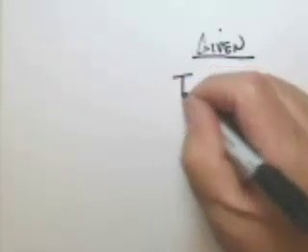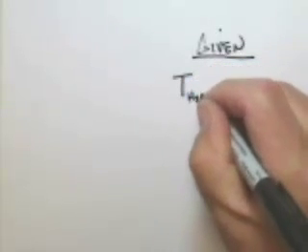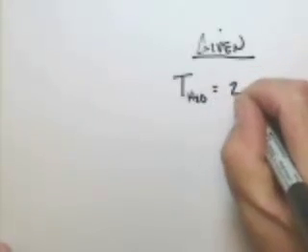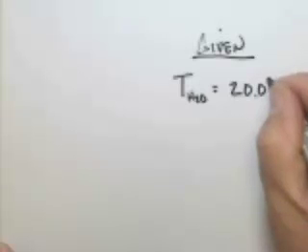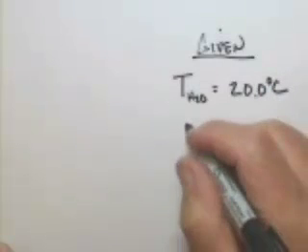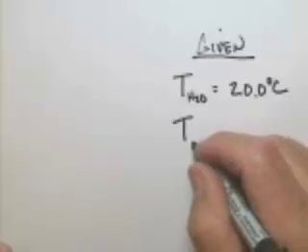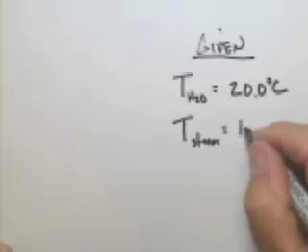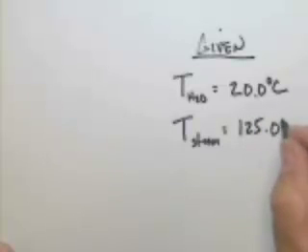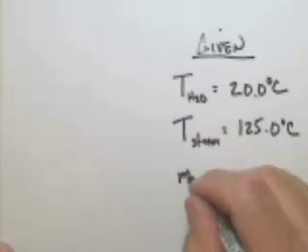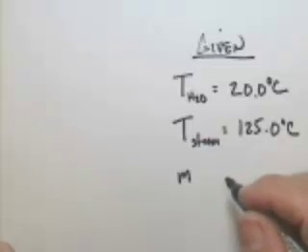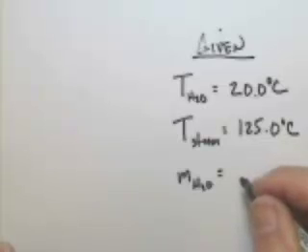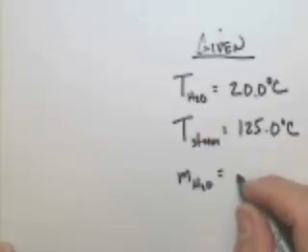We know we have the temperature of water, 20.0 degrees Celsius. We know we have the temperature of steam, 125 degrees Celsius. And we know that we have a mass of water that includes 100 grams.